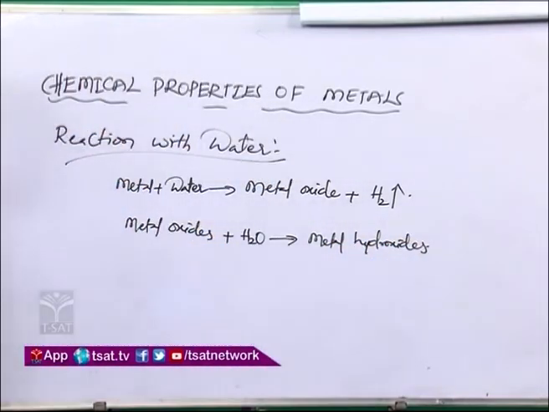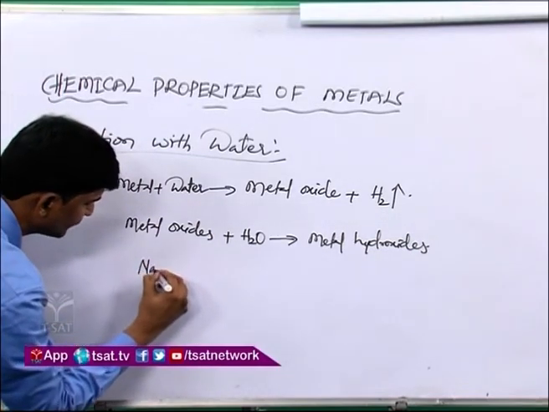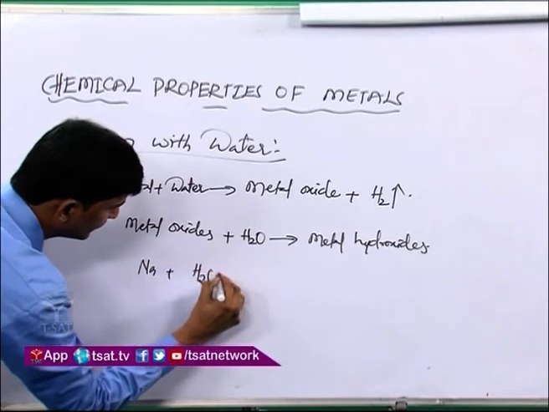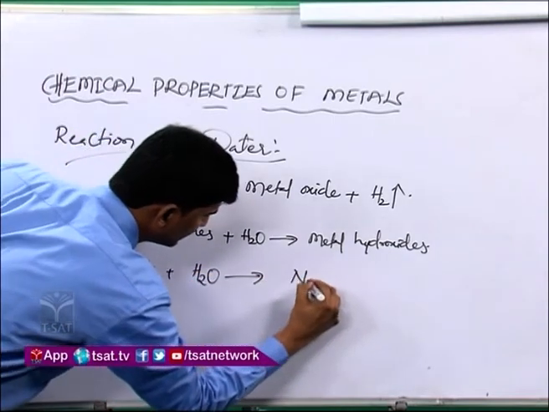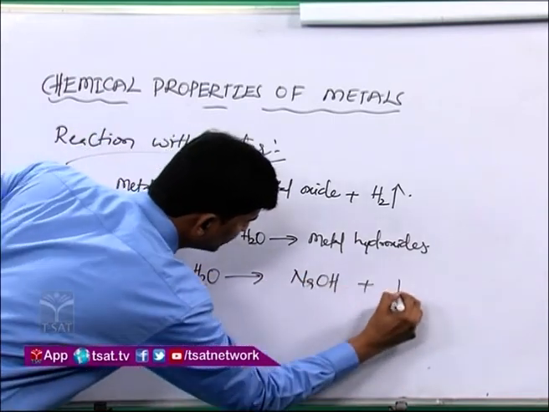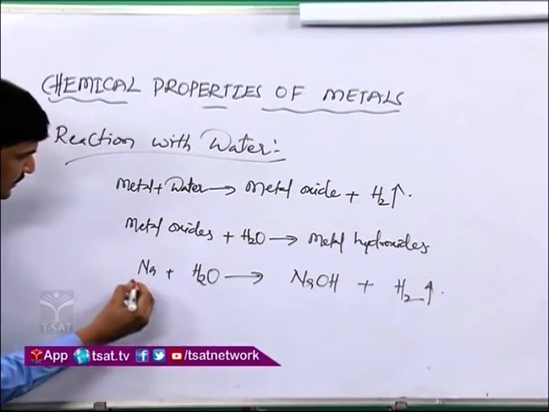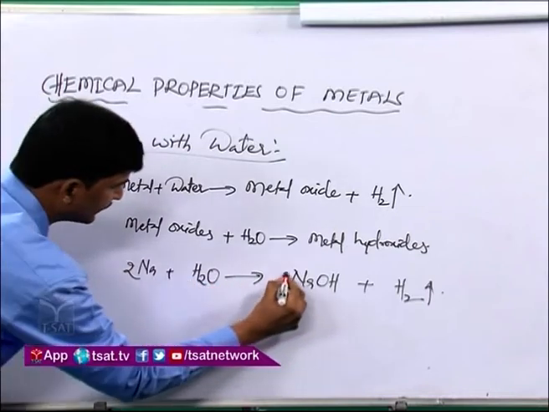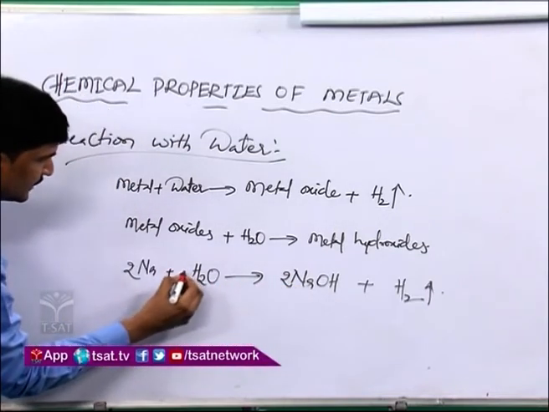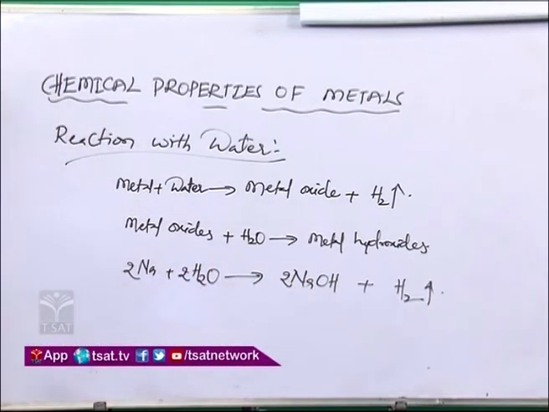We have one example here, children: when sodium reacts with water, it forms sodium hydroxide, plus hydrogen gas is released. To balance it, 2Na + 2H2O gives 2NaOH + H2. Okay, children, this is the balanced equation.